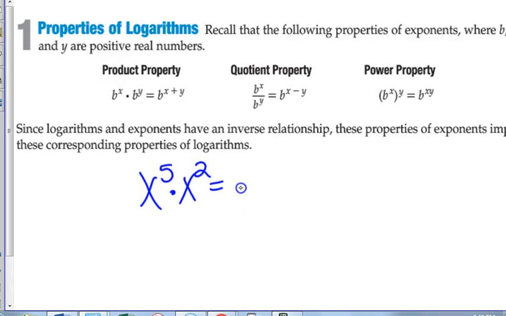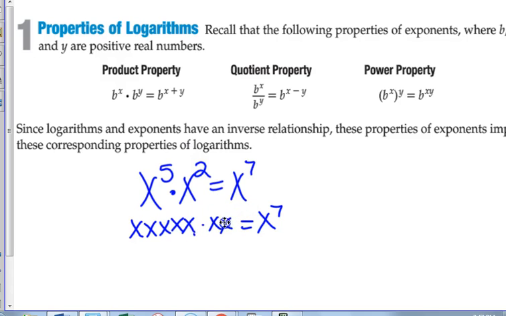What happened when we saw things like that in Algebra 1? This is how I taught that back then. I make them write it all out, and we get 7, yes? Okay? When in doubt, write it out.